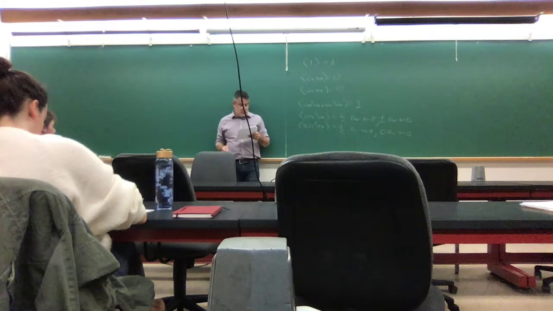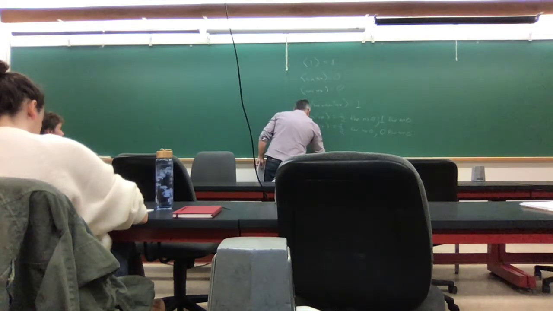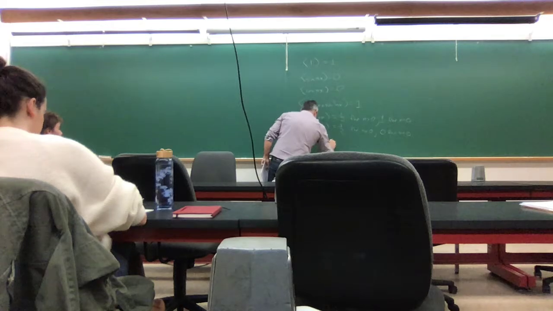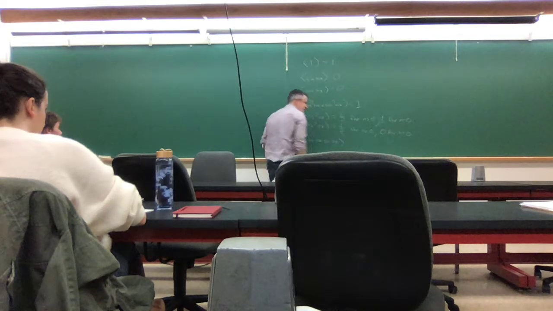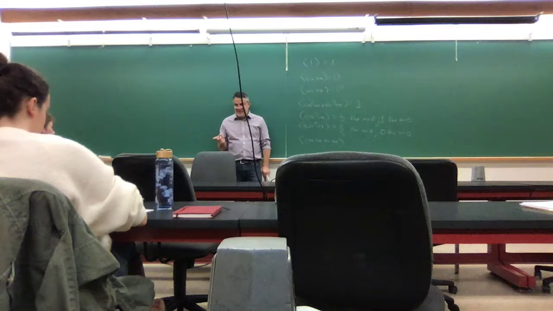So there's a couple more that we need, there's one more that we need to think about, or two more that we need to think about, which we haven't talked about yet. What's cosine nx times sine of nx? That's one.